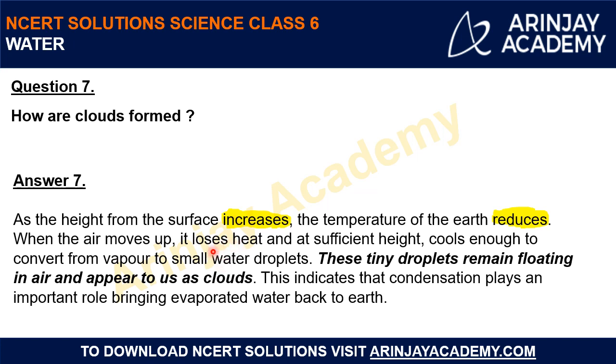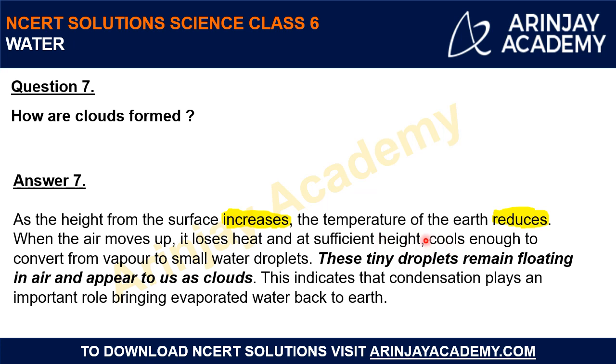So at that altitude it starts losing heat and it cools enough to convert from vapor to small water droplets. So at that particular height जो water vapors होंगे, they condense to form water, and this water remains suspended in that layer of air in the form of small water droplets.